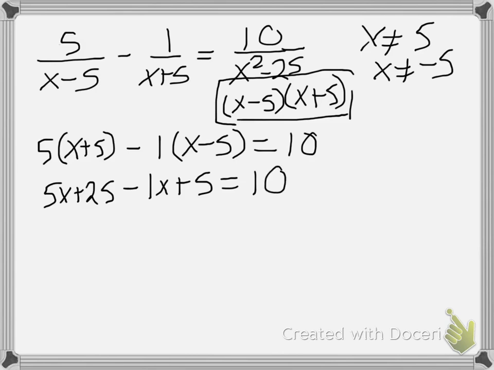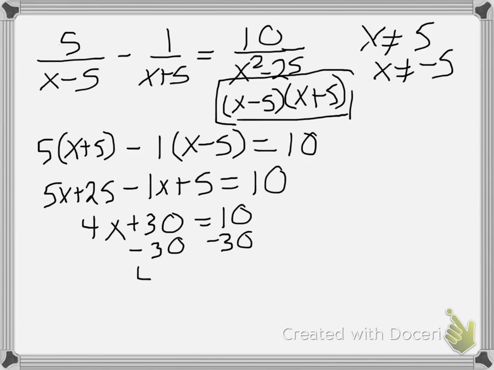Here we've got to get into your algebra skills. Combine your like terms first. 5x minus 1x is 4x. 25 plus 5 is 30. Okay, so then we're going to subtract our 30.